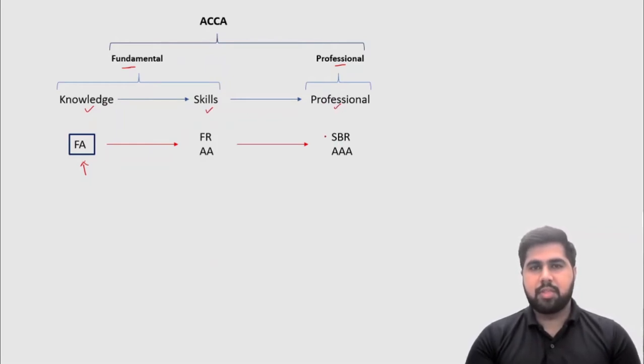Your studies in financial accounting, that is F3, will help you in your studies in FR, which is financial reporting, also known as F7, right? And your AA, which is audit and assurance, also known as F8.